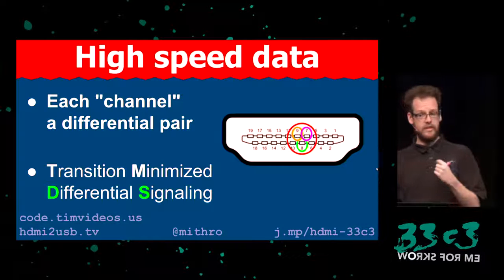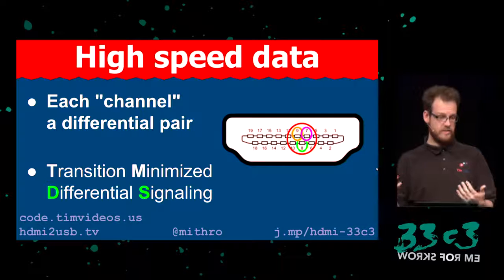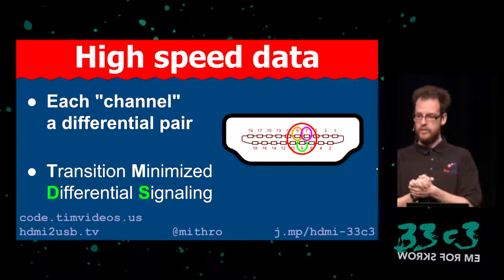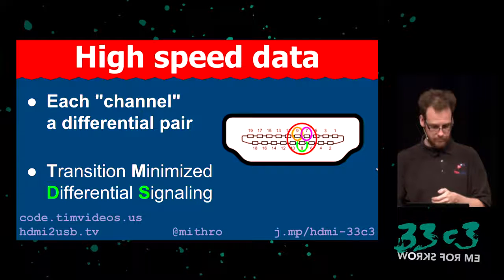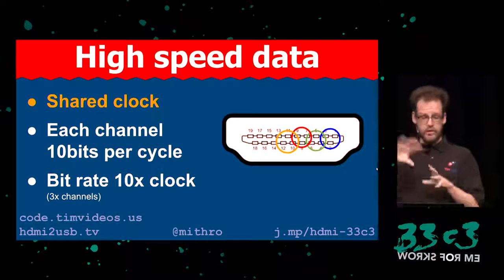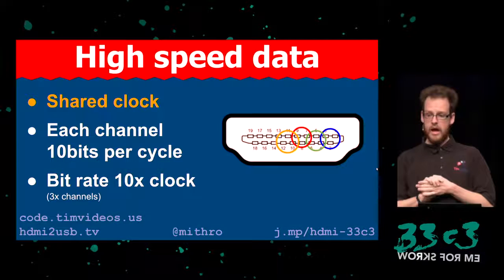And so this is kind of where it gets the differential signaling part of the TMDS, that is the kind of code name for the internal protocol that is used on the high-speed data. They also, all those channels share a clock. That clock is called the pixel clock.